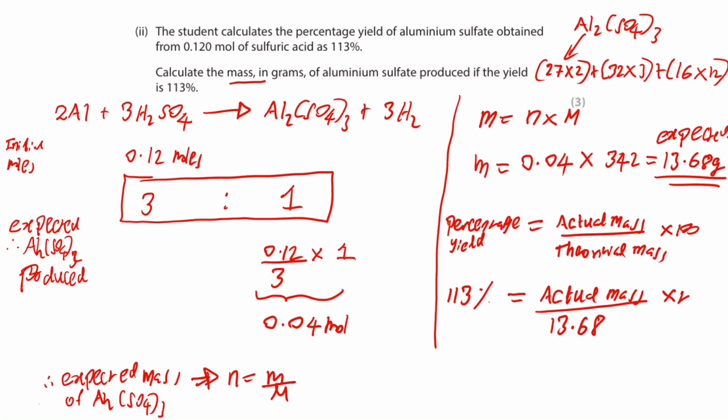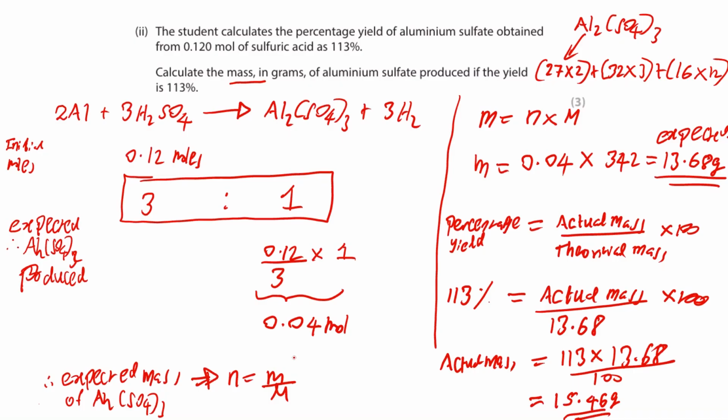Therefore actual mass equals 113 times 13.68 divided by 100, and when you do it your mass will be 15.46 grams. That's the answer. So actual mass is 15.46.